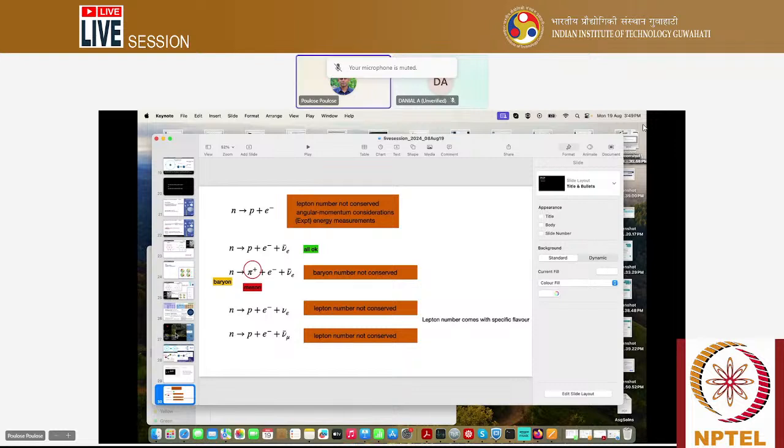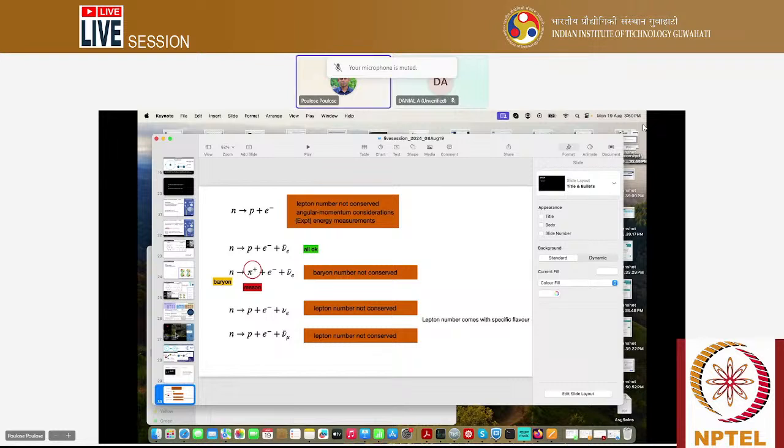From the same account, you can say that n going to pi plus e minus nu bar is not allowed because the baryon number is not conserved. Lepton number is conserved. e minus and nu bar cancel their lepton numbers, but we don't have a baryon in the final state.